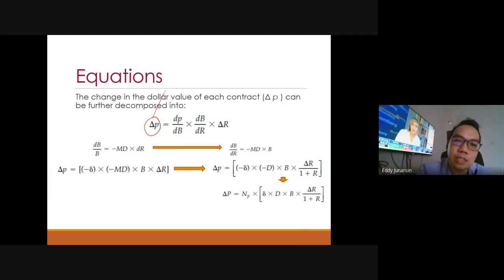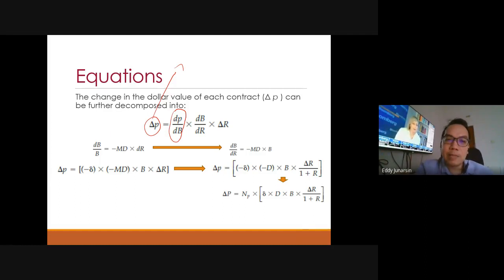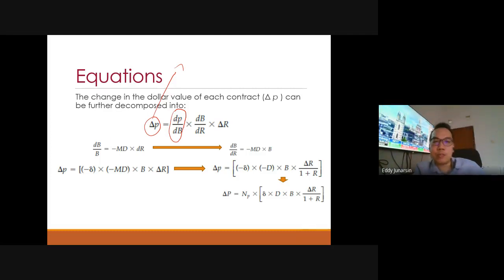See, this is the change in option value. The change in option value is a function of the first one, called dP, right? So dP is the change in the option value with respect to the change in the bond value, the underlying bond value. Remember, we have two different things. In our real business, we have our bond portfolio.